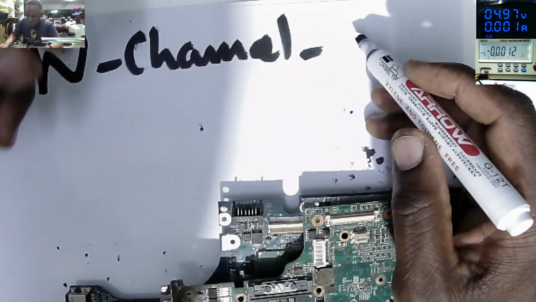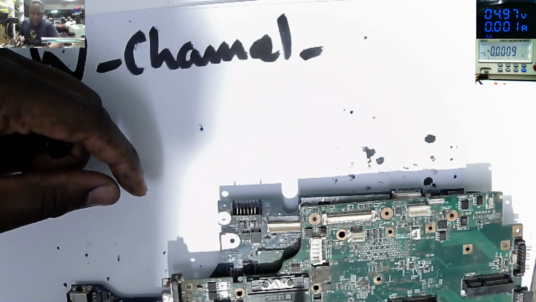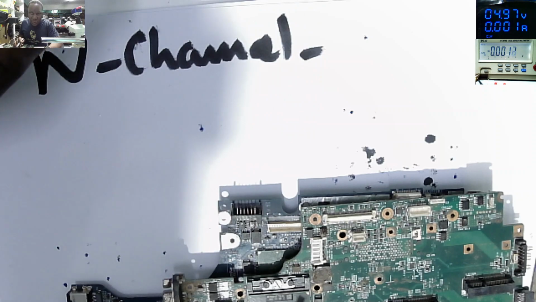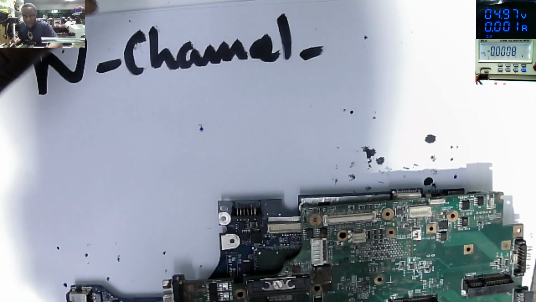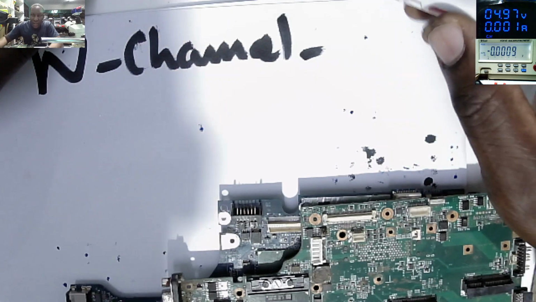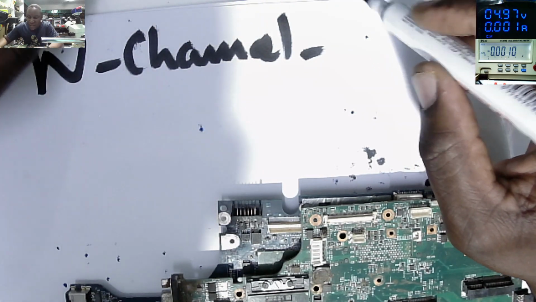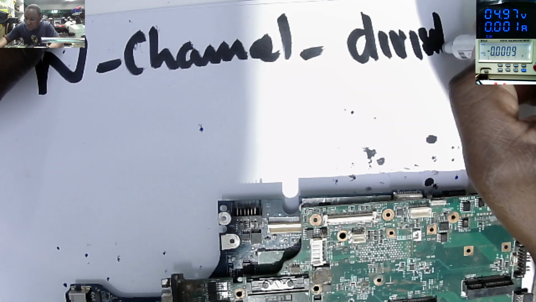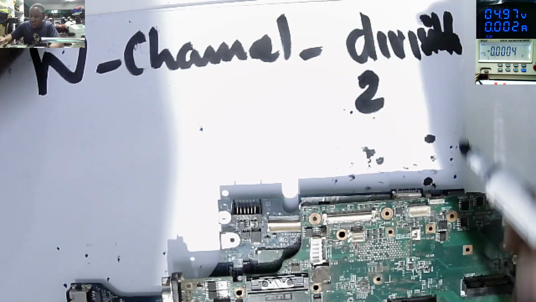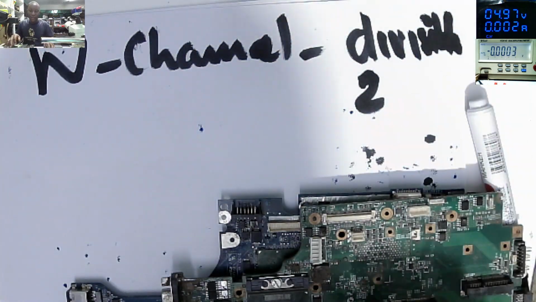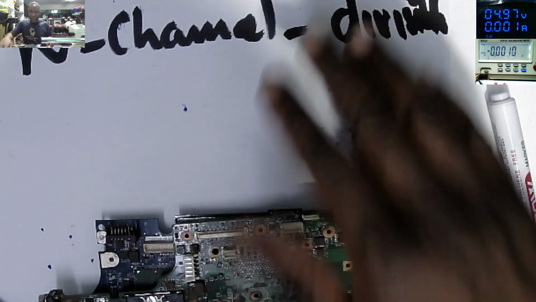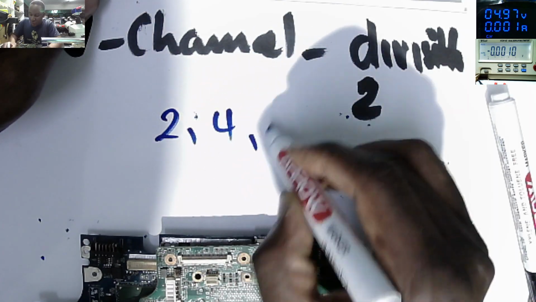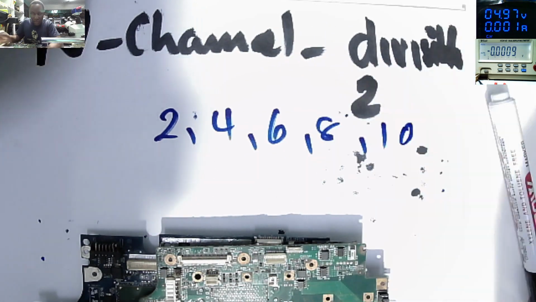If you check on every MOSFET, there are 4 digits, there are 4 numbers written on top of the MOSFETs, or can be written on the board. If the last number is divisible by 2, then it is an N channel MOSFET, like 2, 4, 6, 8, 10.